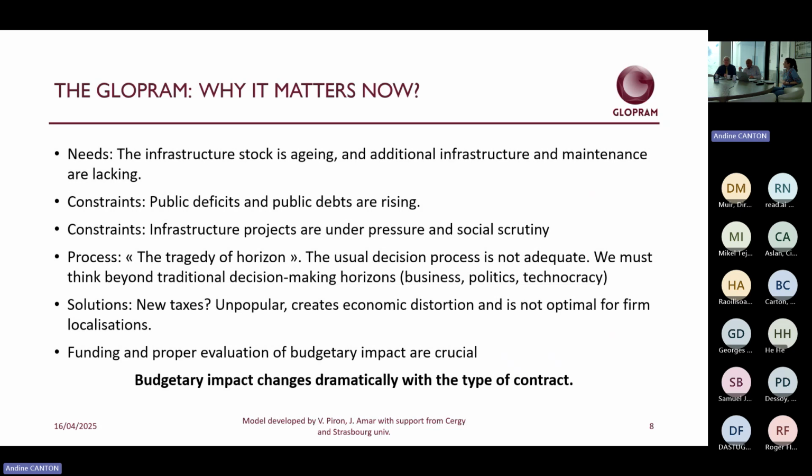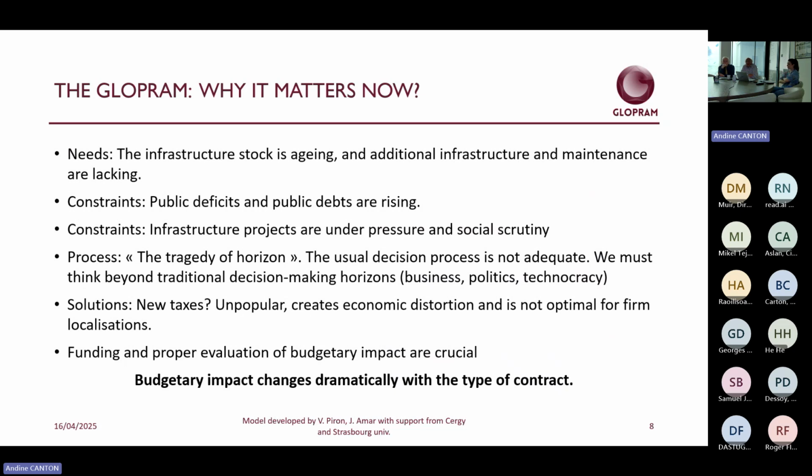Why does it matter now? It is rather clear that when a country has an infrastructure, usually maintenance is not at the level at which it should be. And infrastructure stock is aging.